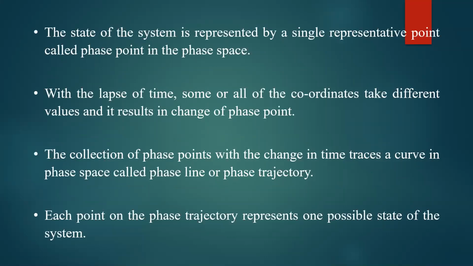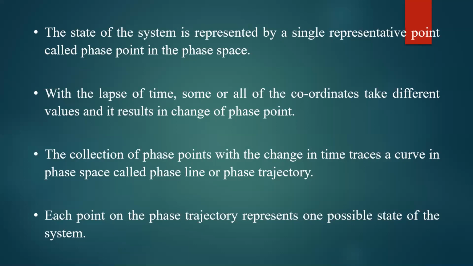The state of the system. Okay. The state of the system is represented by a single representative point called the phase point. At a particular instant of time, if you want to represent the state of the dynamic system, it is represented by means of a point called the phase point.